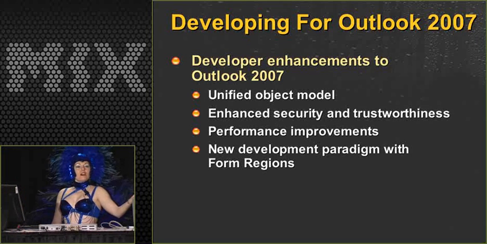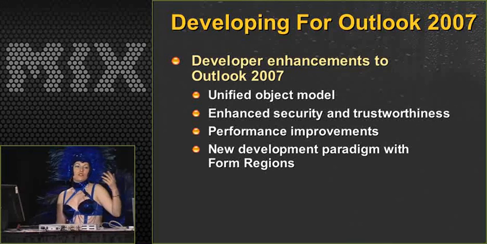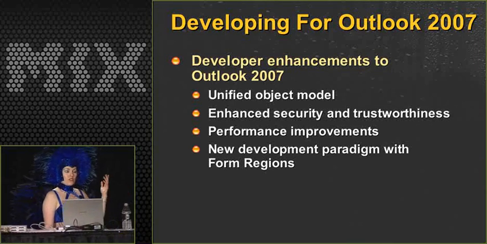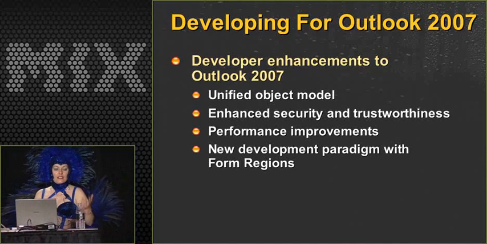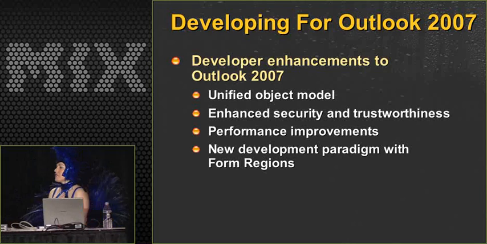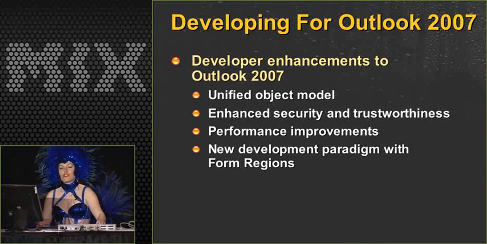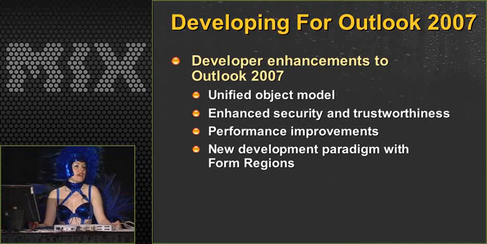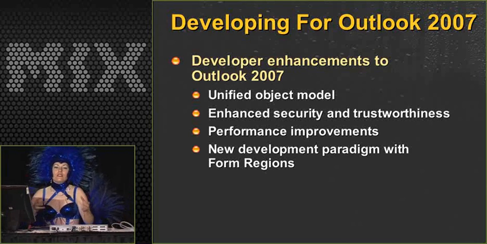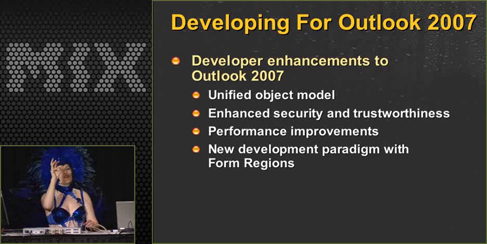We've unified the object model and made it easier for you to use first-class programming languages. So you can use C#, you can use VB, you can use other types of .NET languages in addition to all the scripting languages to get to your applications. We've increased the security of any add-in that you might put into Outlook, so that if you write an add-in, you specifically brand it and certify it that this is yours and it's trustworthy.